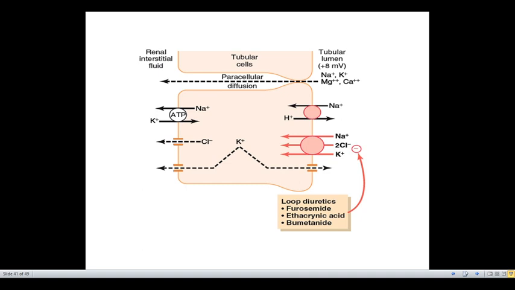And you can also see in the lower part the names of the loop diuretics: furosemide, ethacrynic acid, and bumetanide, inhibiting the 1 sodium 2 chloride 1 potassium co-transporter protein.